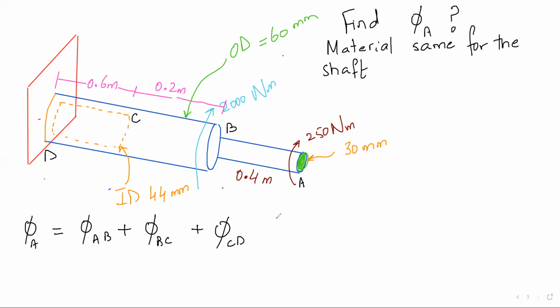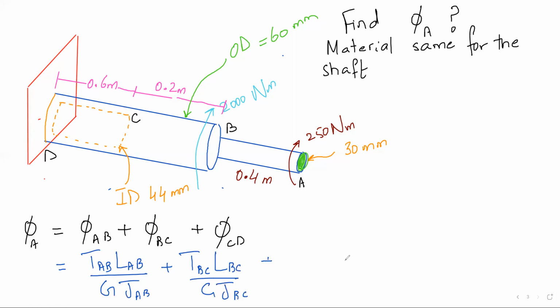So phi AB is equal to T_AB L_AB over G J_AB, plus T_BC L_BC over G J_BC, plus T_CD L_CD over G J_CD. So this is our phi A.